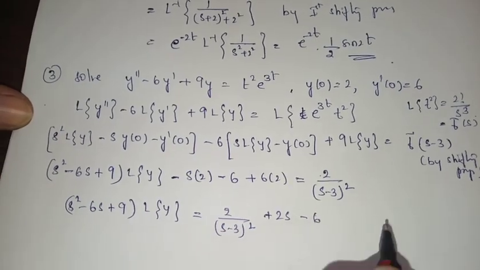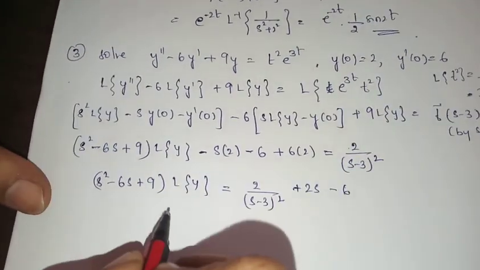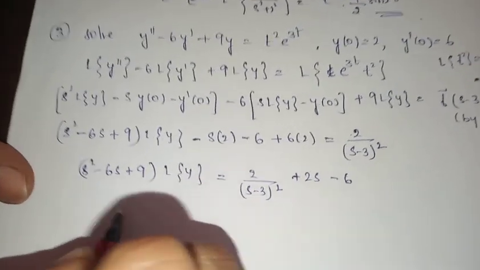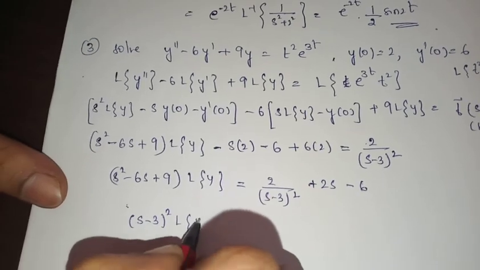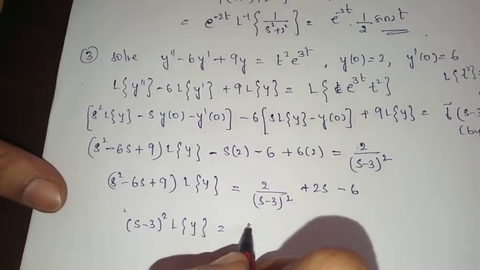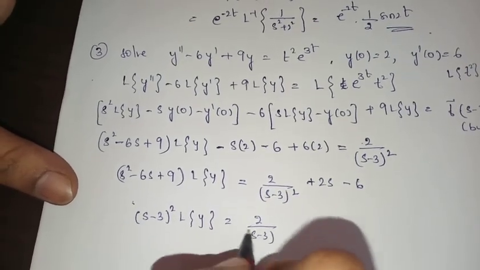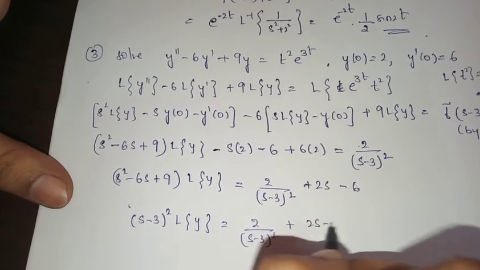So sending here it becomes minus 6. So now this is nothing but you can write this as (s - 3)² Laplace transform of y equal to 2 by (s - 3)³ plus 2s minus 6.